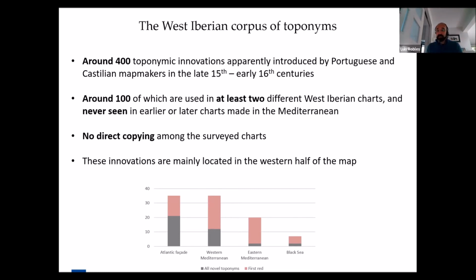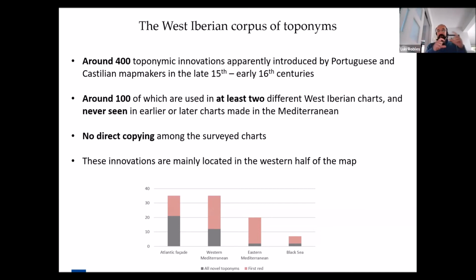One important observation that connects with Greg's presentation is that I have not found any evidence of direct copying among these charts. If you take any stretch of the Mediterranean coast, or the Atlantic coast for that matter, you can never find a perfect coincidence from one to the other.